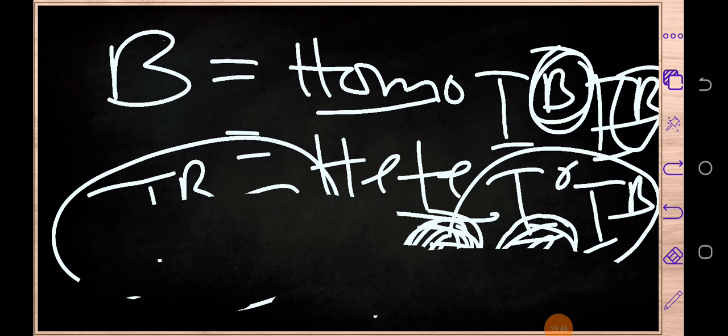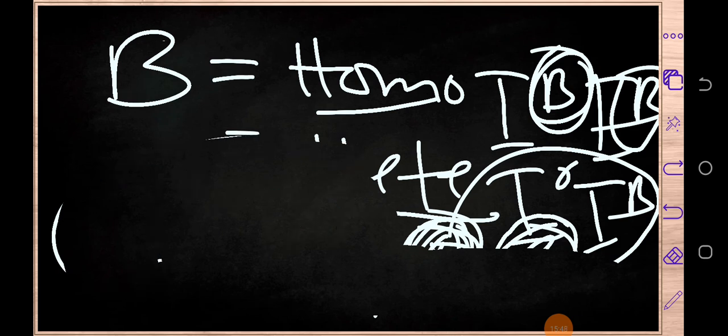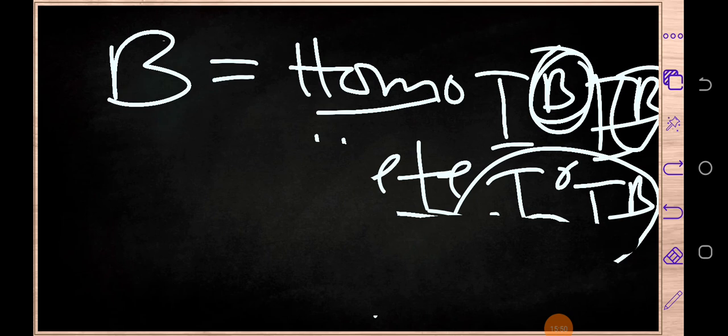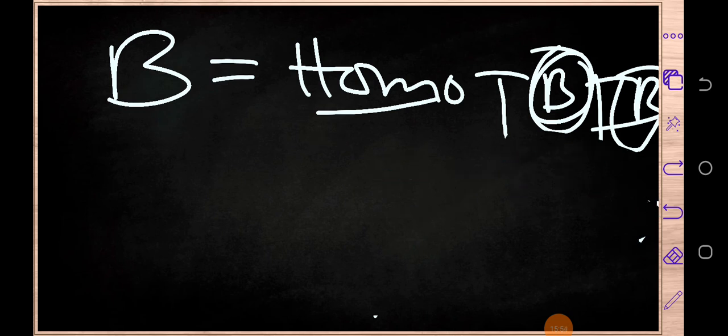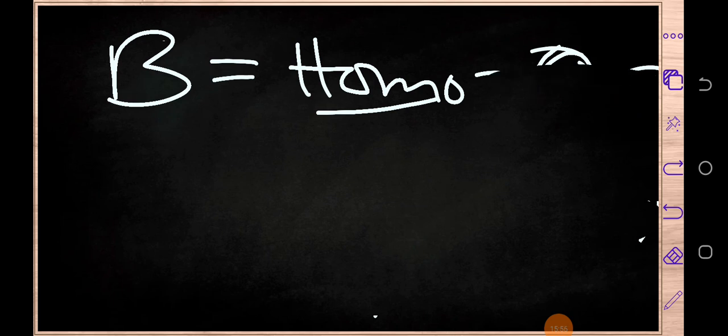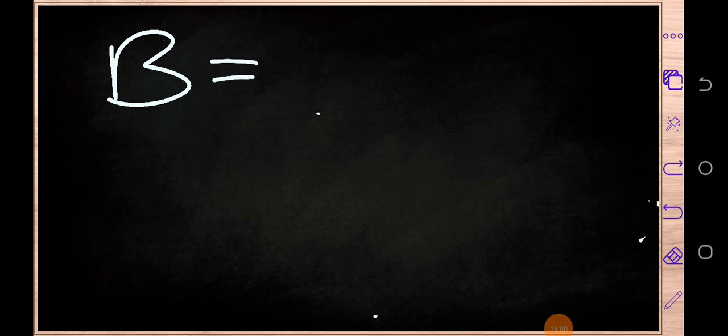All you need to know, you just have to understand these two terms, homo and hetero. You need to pay attention. Read the question carefully to see if they are talking about someone who was homozygous or heterozygous.